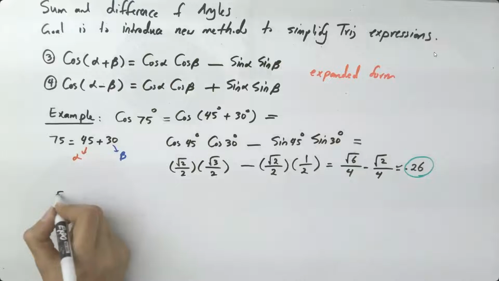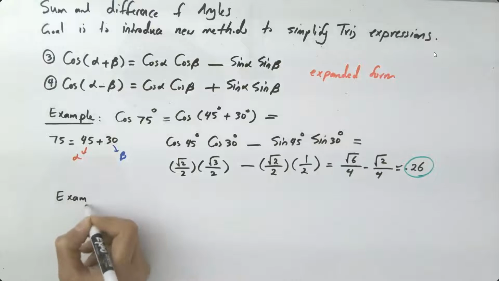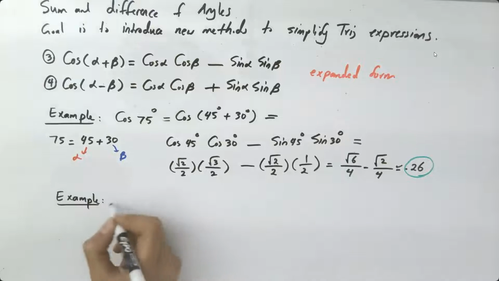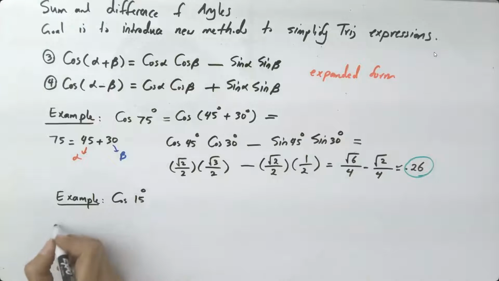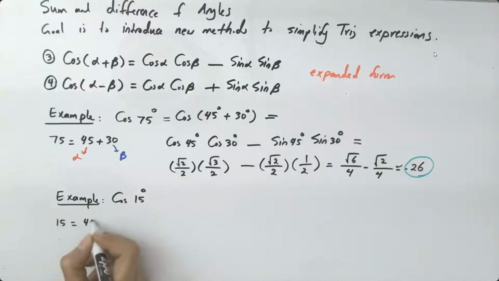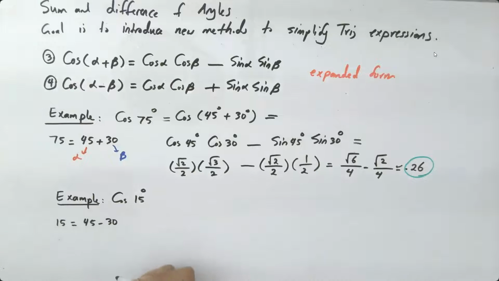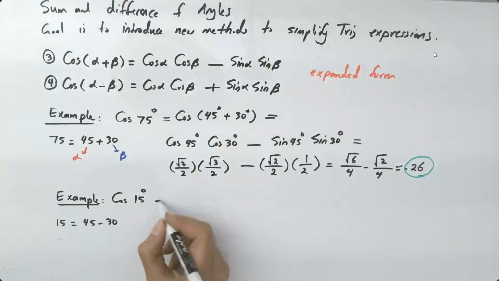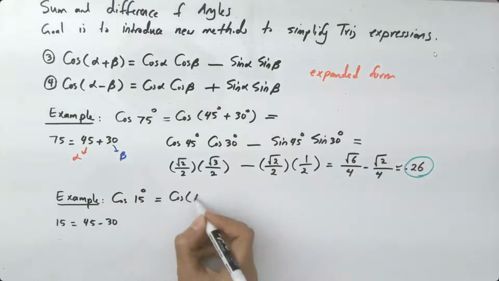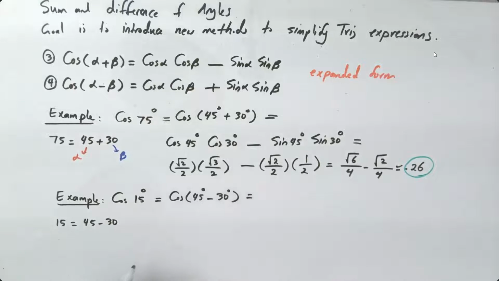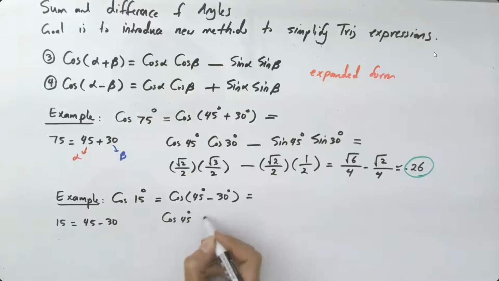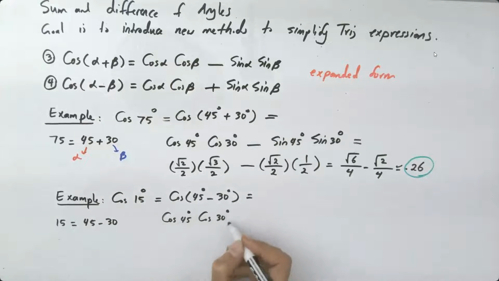If I ask you to calculate the same as before, cosine of 15 degrees, you're going to say that 15 is equal to 45 minus 30. It can be written as cosine of 45 degrees minus 30 degrees, which is equal to, now you have cosine of 45 degrees times cosine of 30 degrees.